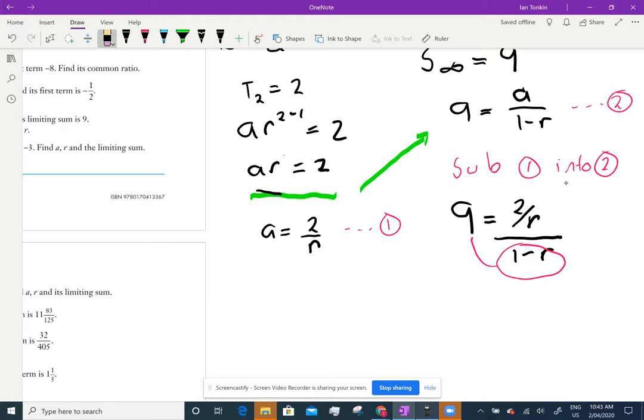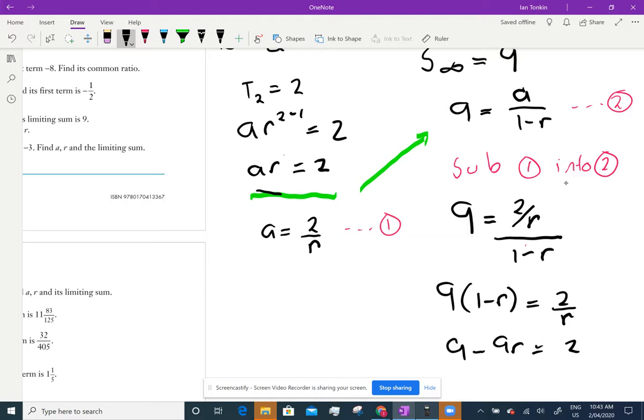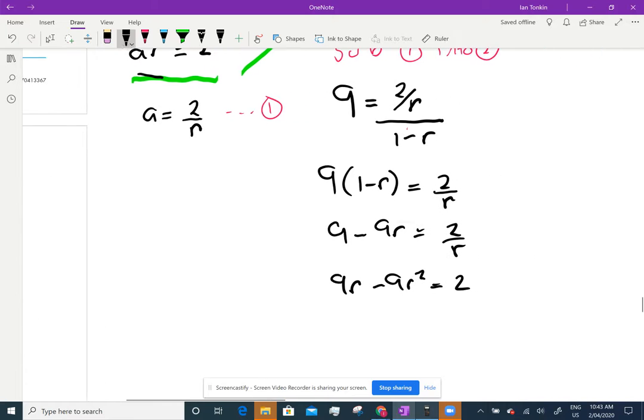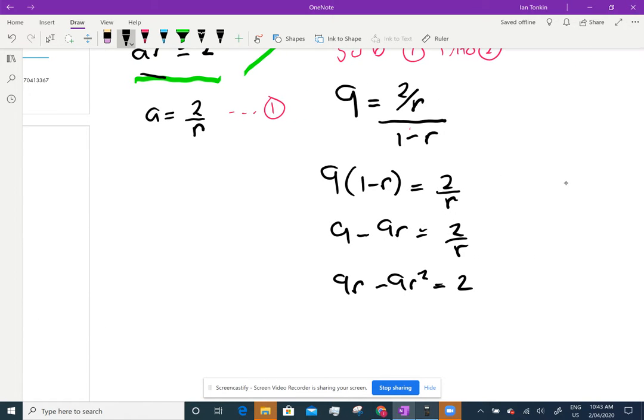So 9 times (1 minus R) equals 2 on R, which gives me 9 minus 9R equals 2 on R. Let's multiply that R across. 9R minus 9R squared equals 2. Well, I'm going to get a quadratic. Let's take everything over the other side. 0 equals 9R squared minus 9R plus 2.